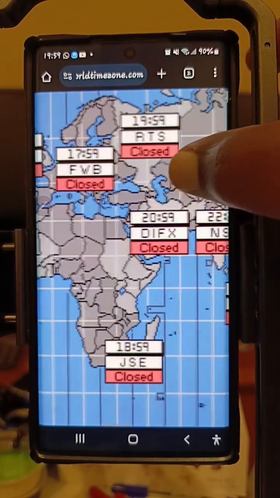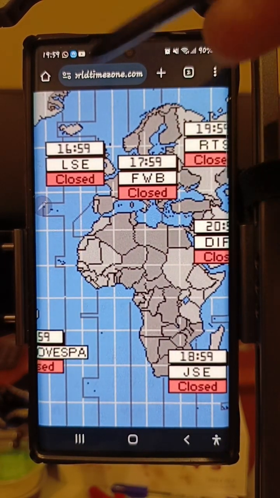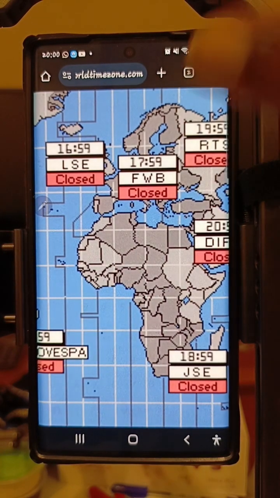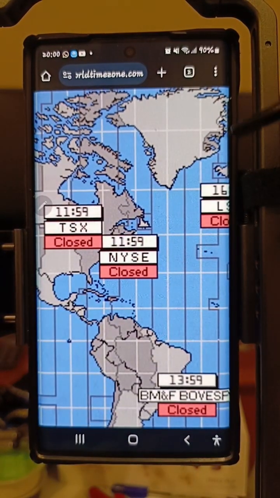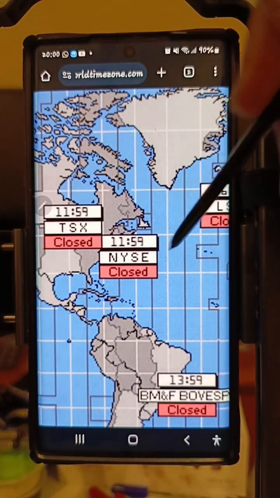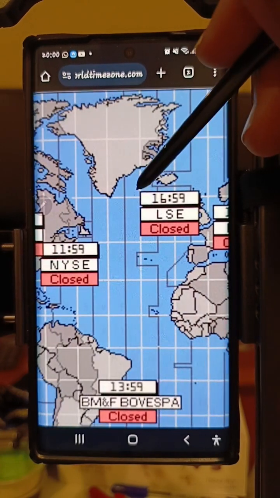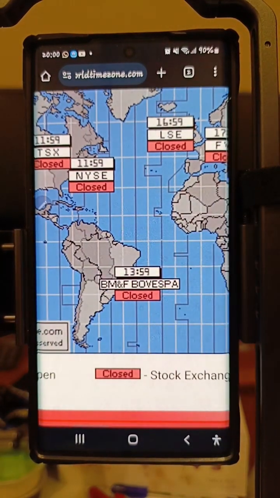And this is across. The big ones though are the overlapping ones: the London session, and the London session and the New York session. So this is the overlapping. I use this to help me with my timing.